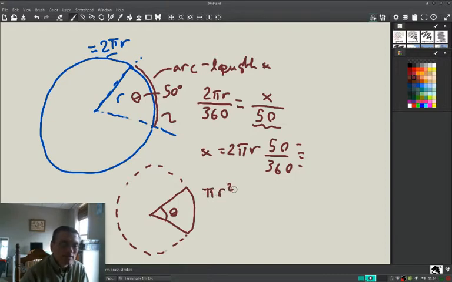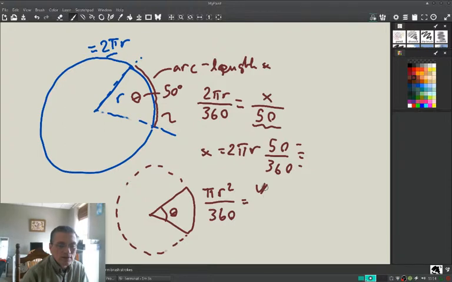Area again is pi r squared. If that was 360 degrees, then our area, call it y, this area in here, is going to be related to our angle theta.